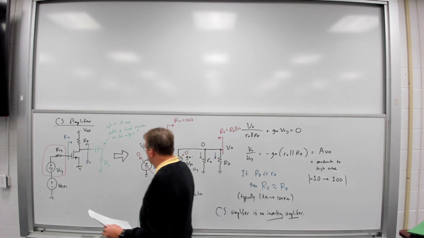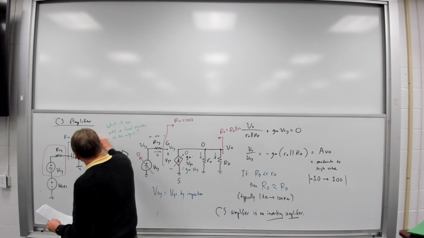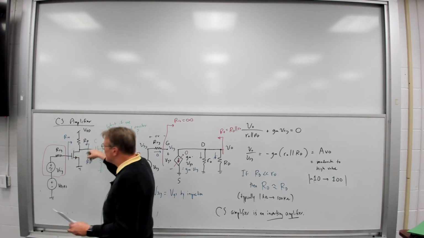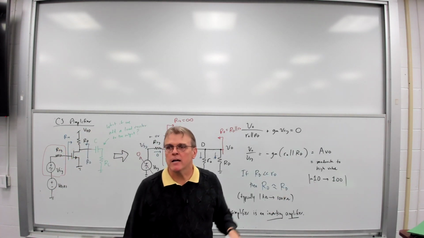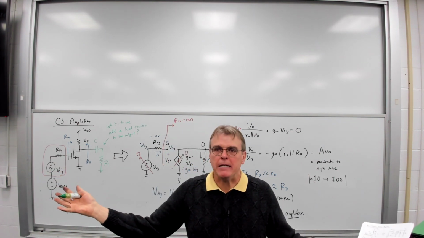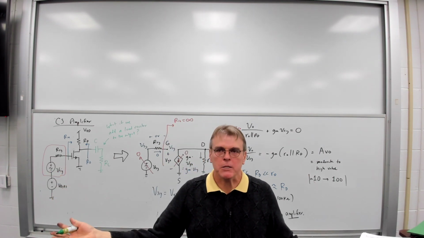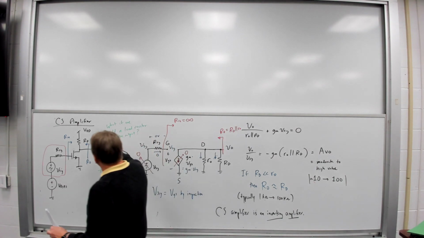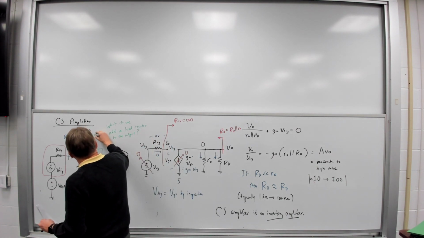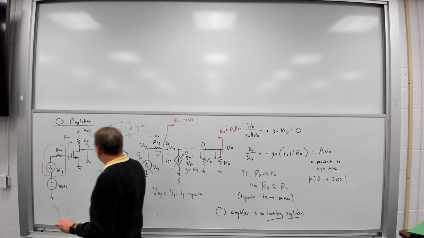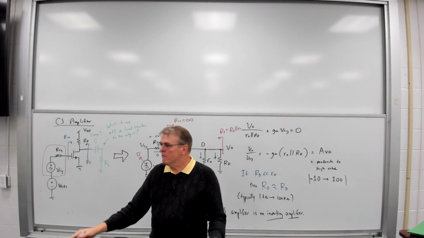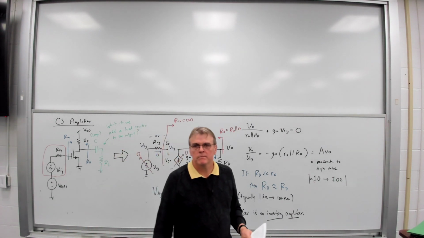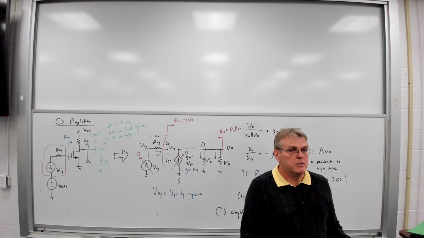I'm going to call this R sub L. I'm going to assume that that capacitor C is large. It's big enough such that we can neglect the impedance at any AC frequency we care about. So the total impedance of this will effectively be dominated by R sub L. And this is the kind of assumption we're normally going to make.